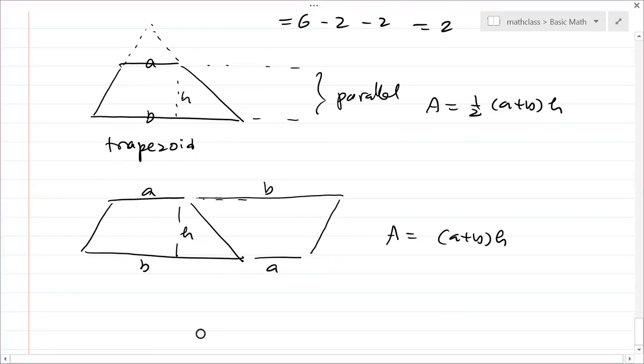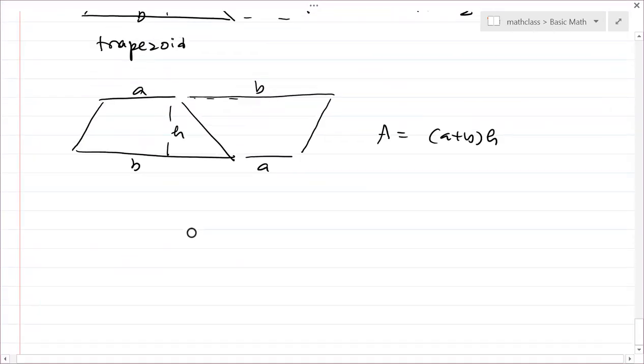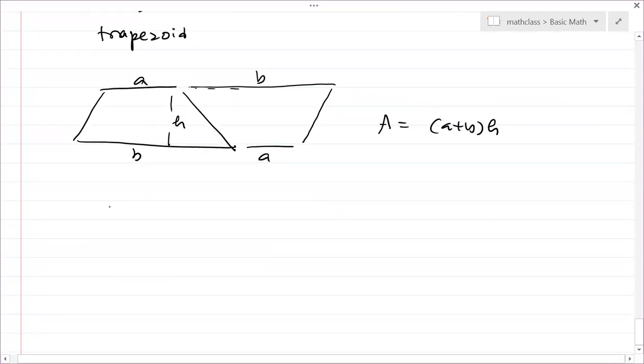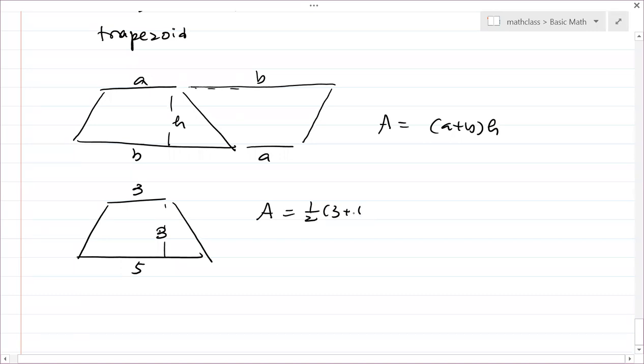Okay. So now, if you have here 3, and here 5, and you know the height is 3, then you know the area, because this is going to be half of 3 plus 5 times 3, and that is going to be 12. Okay, no problem.